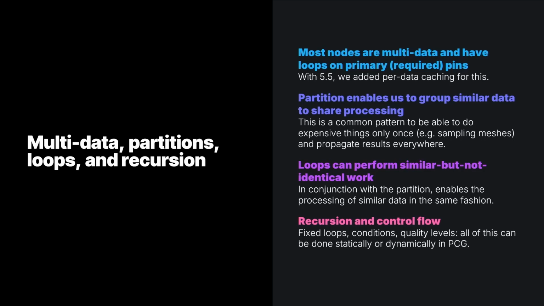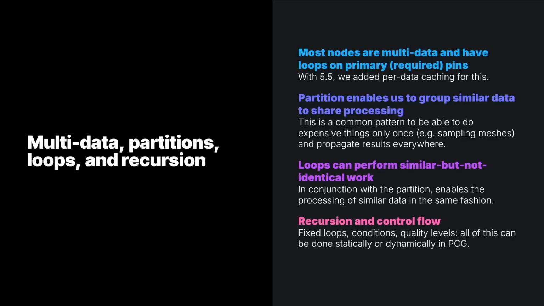All right, multi-data. Something that's maybe less obvious in PCG is that a lot of the nodes are meant to be multi-data, and we'll do parallel processing when we can, or eventually more and more as we go along. We've added a couple of nodes to support this kind of workflow more easily, and that removes the need for some subgraphs or some loops.